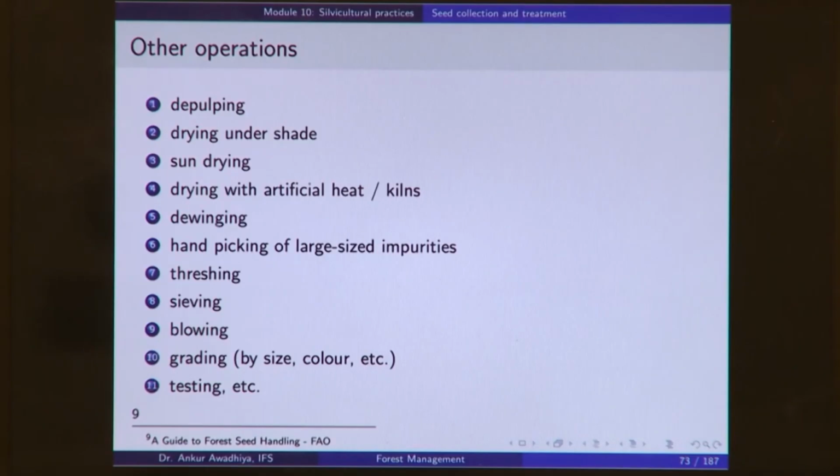Next is the threshing operation. Now, in the threshing operation, you separate the heavy portion from the lighter portions. So, typically in this case the heavy portion is your seed and the lighter portions are the smaller impurities. Now, next you can make use of sieving and blowing operations. Now, a sieve is a mesh like structure.